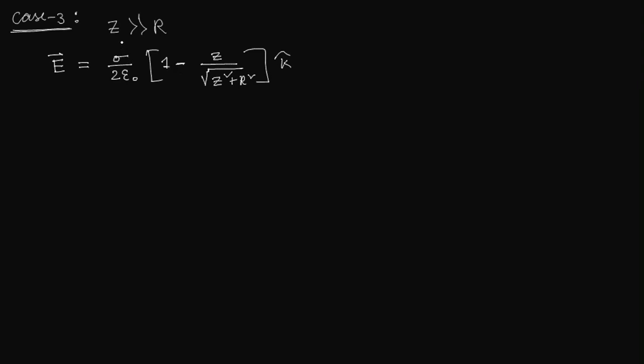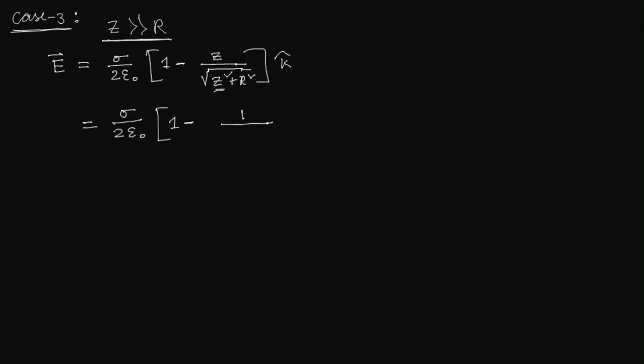Now we are going to impose the condition where z is much greater than r. In this region we can write this electric field in a different way. We can take z common from the square root. When z square is taken outside, it becomes z, and then the z in the numerator and denominator cancel out.